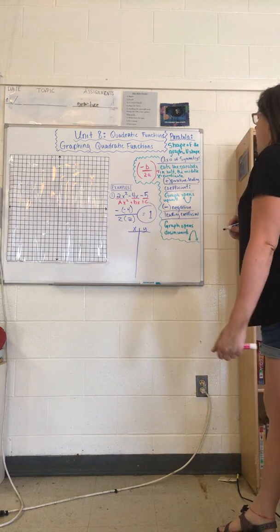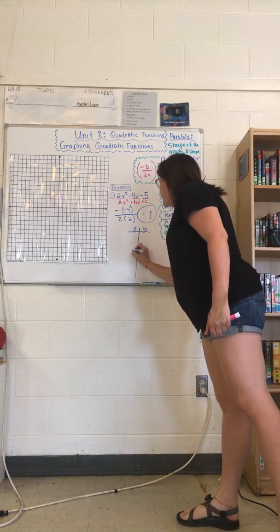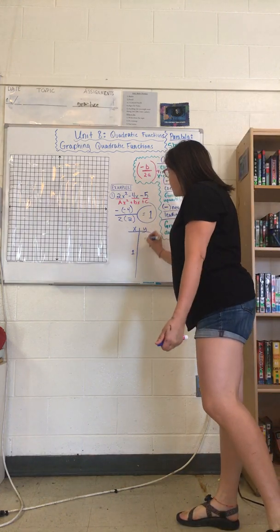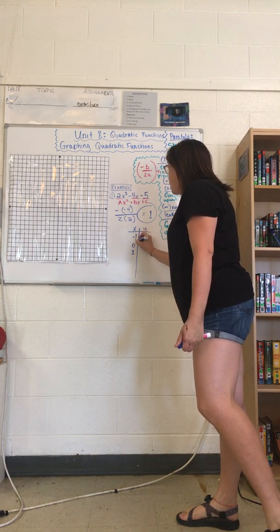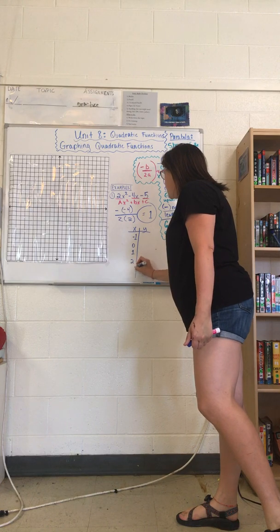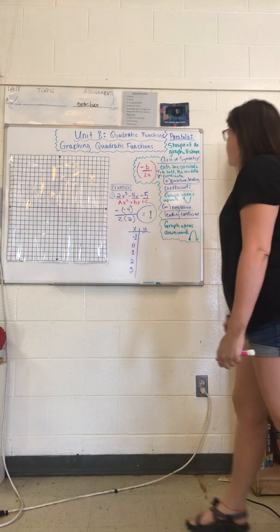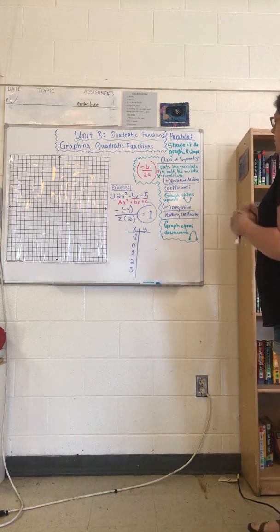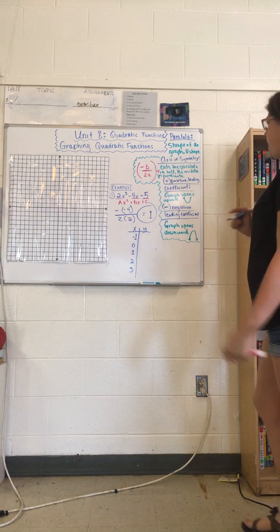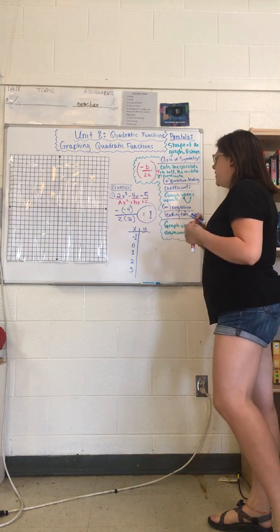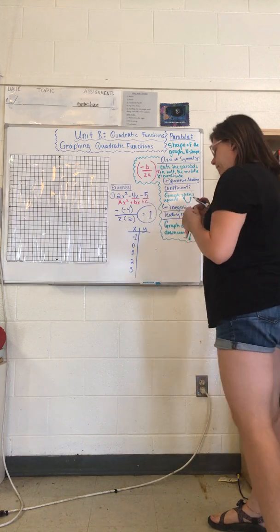All right. I'm going to put my 1 right here, and then I'm going to do a couple below that, so I would have 0 and -1. And then a couple above that, so that would be 2 and 3. Now, just like we did when we graphed linear functions, we are going to take each value, plug it into our equation, and see what we get.